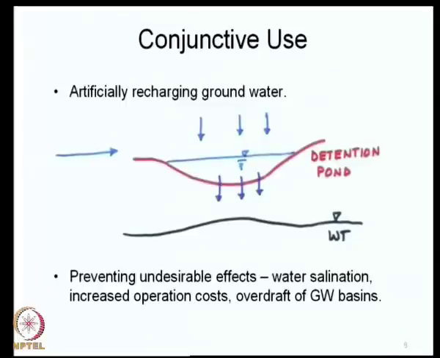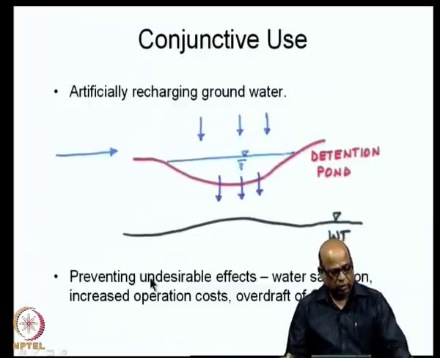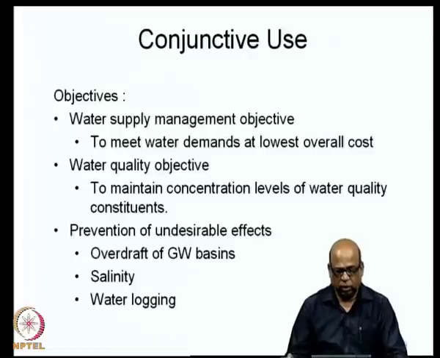Whereas, if you want to develop the groundwater, you need to have energy costs associated with the groundwater usage. So, there is an increased operational cost if you start using groundwater. Then there is a danger of overdraft of groundwater basins. So, we need to look at all of these when we are looking at the conjunctive use of surface water and groundwater.